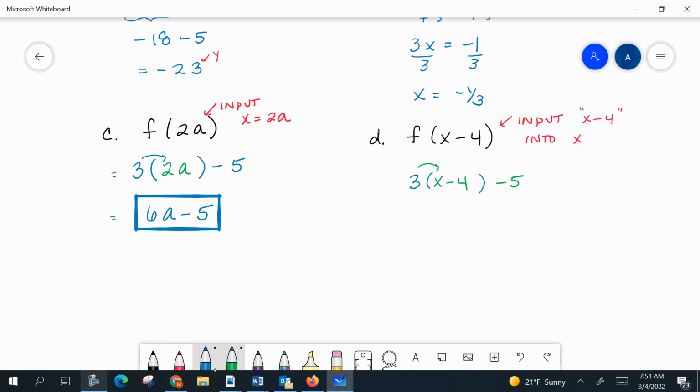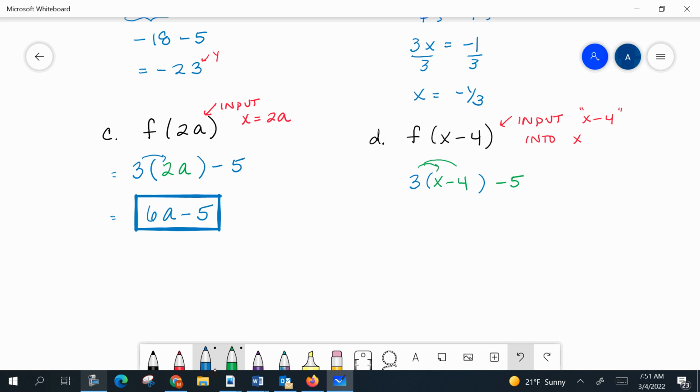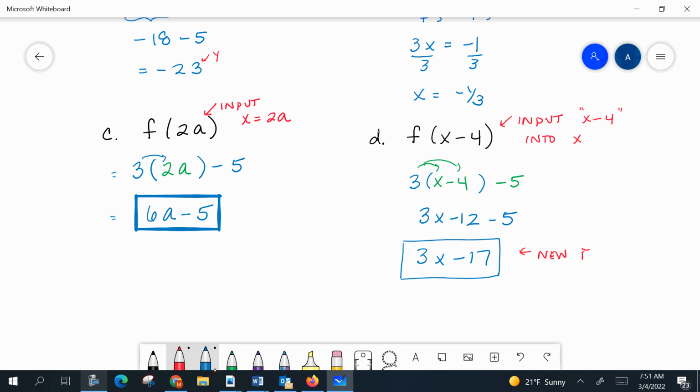So now, in simplifying, we would distribute and get 3x minus 12, and we simplify a little bit more, and we get 3x minus 17. So sometimes what we see here is we have now a new function with x minus 4 replaced in for the x.